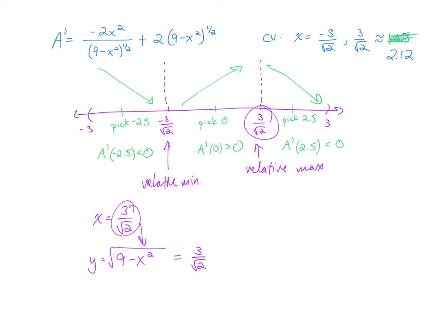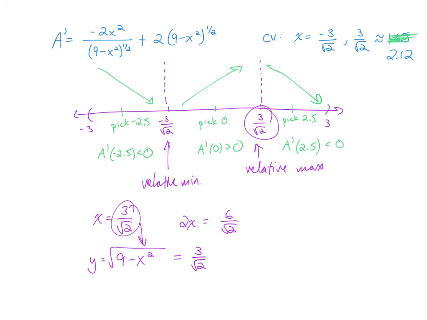But remember, the dimensions are the height of the rectangle, which is in fact the y value. But the width of the rectangle would be 2 times this amount. So for this, we would need 2x, and that would just be 6 over square root of 2.